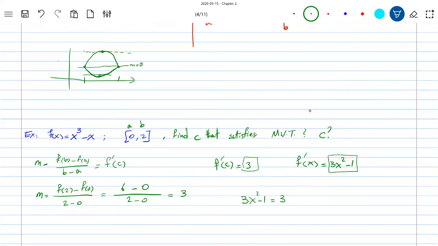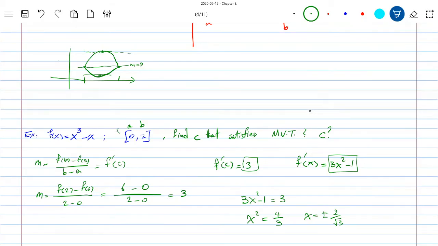Add 1, divided by 3, so you'll get x squared equals 4/3. And what is x? X becomes plus or minus square root of 4 over 3, which you can simplify to 2 over root 3. Okay. You might ask yourself, I have two solutions, which one do I accept?